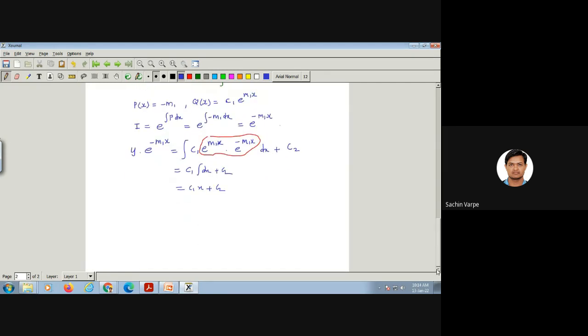Is the point clear? So what we are getting now, y into e to the power minus m1x is this. So what will be y then? Y is equal to c1x plus c2 e to the power minus m1x. Clear?